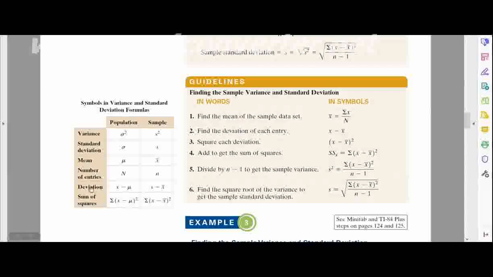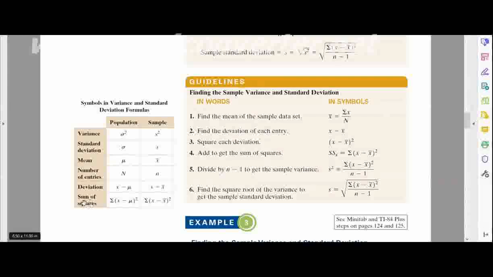When it comes to deviation, the deviation in population is denoted by X minus mu, the difference between each X value, each entry, and the mean. For sample, however, it's denoted by X minus X bar.